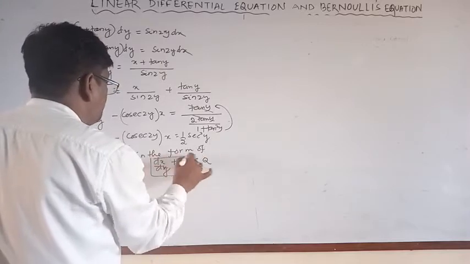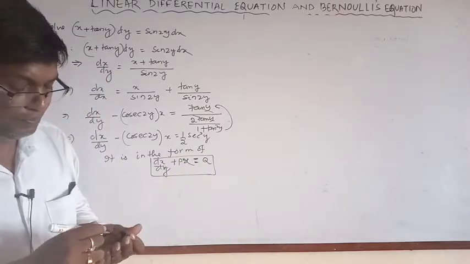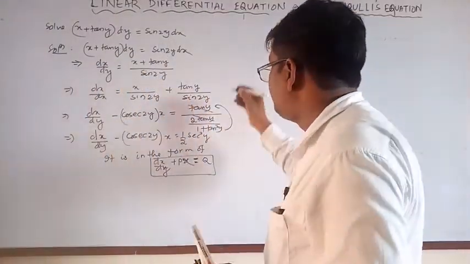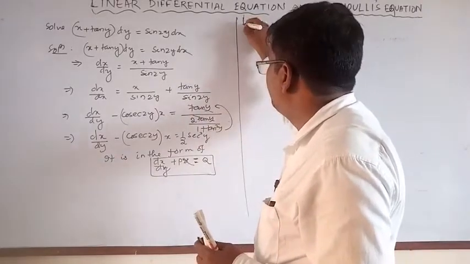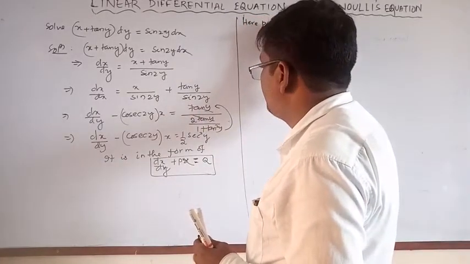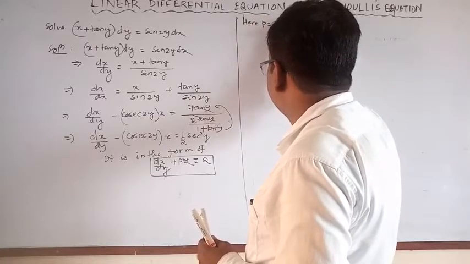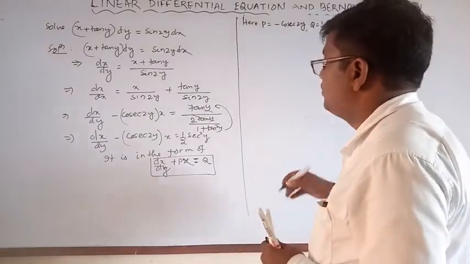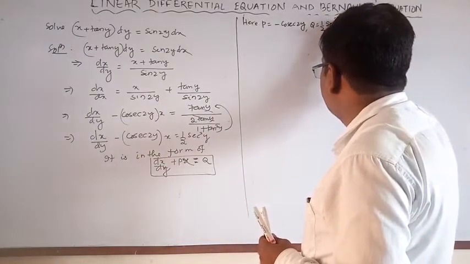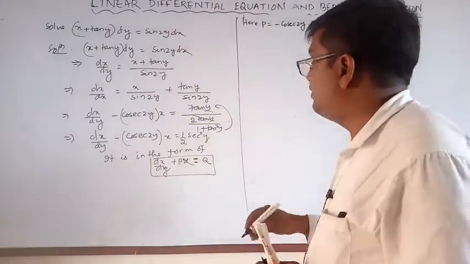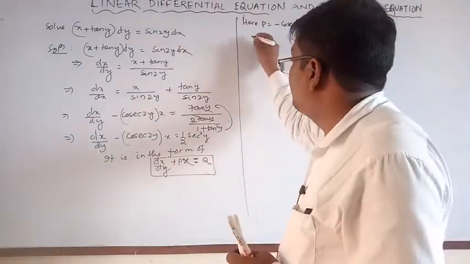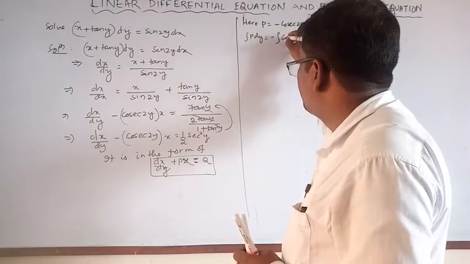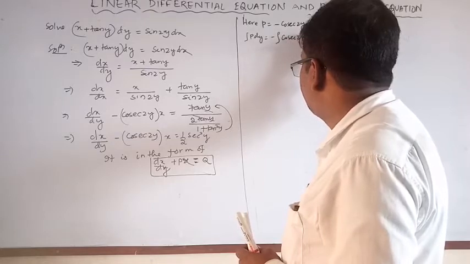Here p is equal to minus cosec 2y and q is equal to 1/2 sec² y. Now find the integral of p dy. The integral of p dy is equal to minus the integral of cosec 2y dy.